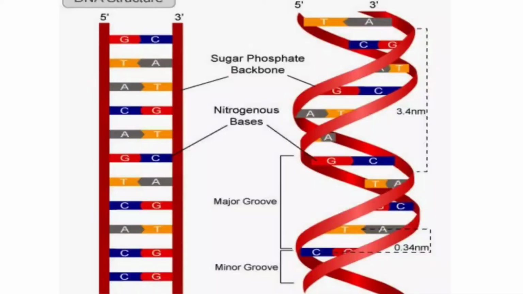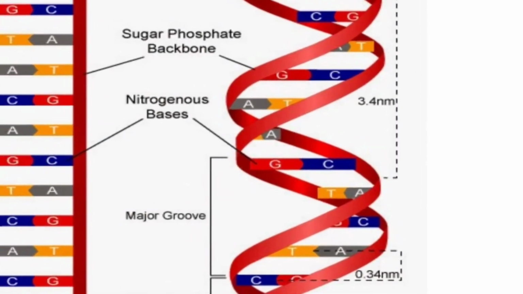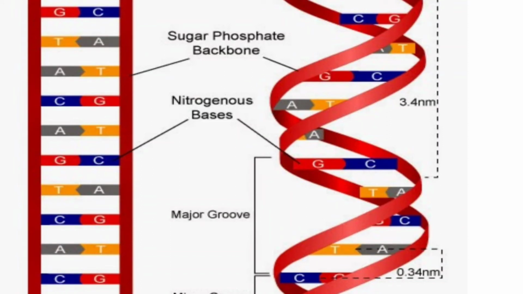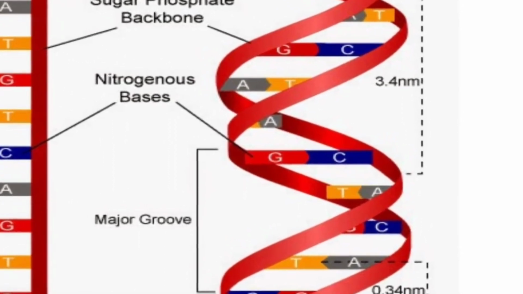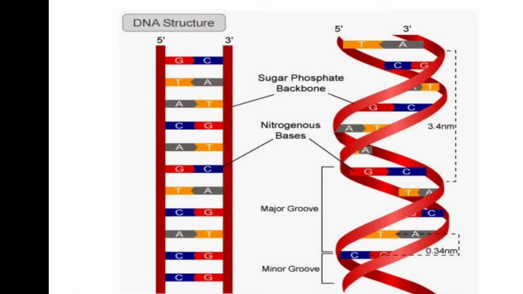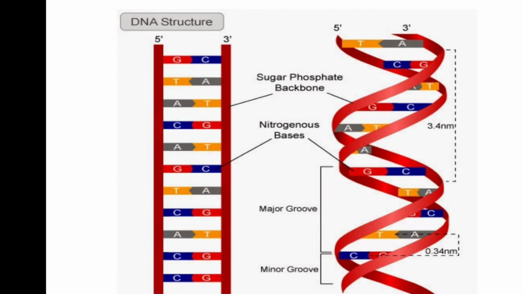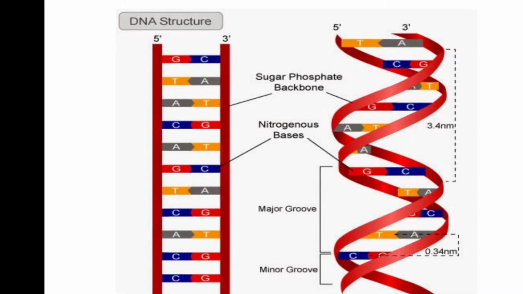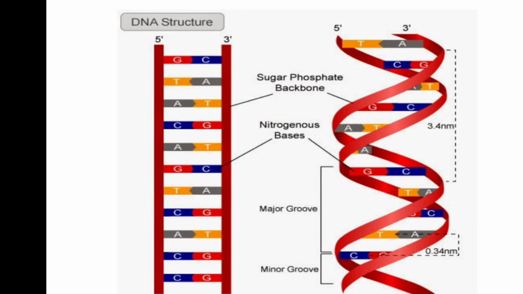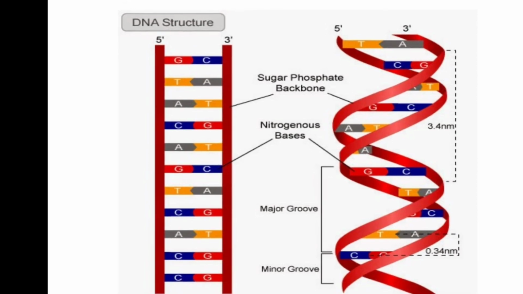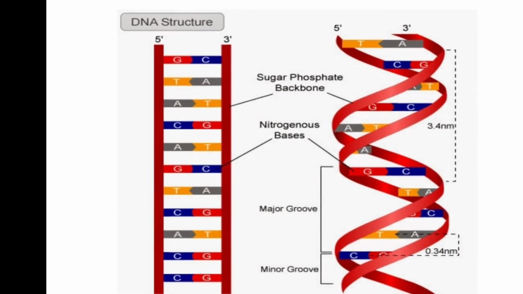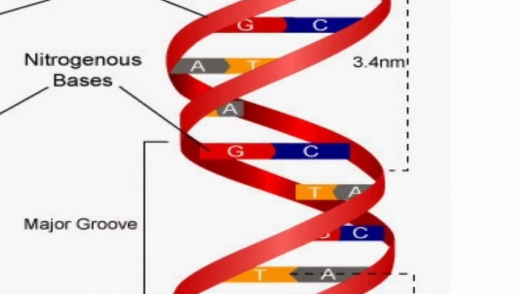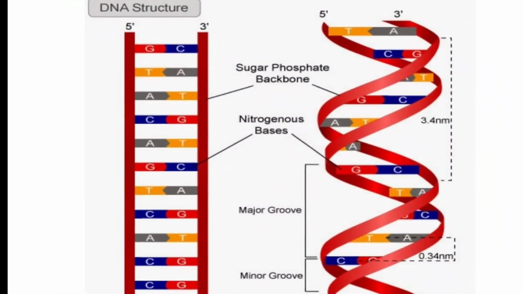One more point to remember is that proteins interact with the DNA at the exposed bases present in the two grooves. You know that there are two grooves, a major groove of 1.2 nanometer and a minor groove, about 0.6 nanometer.